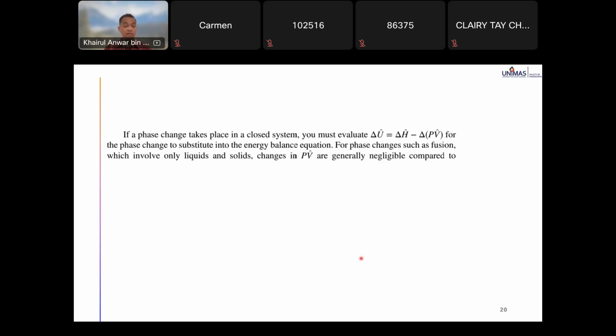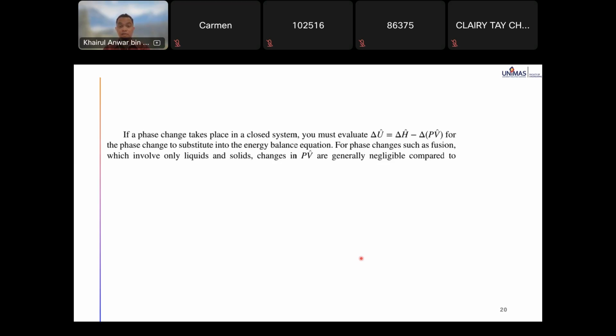If a phase change takes place in a closed system, you must evaluate delta U equal to delta H minus delta PV for the phase change, substituted into the energy balance equation.